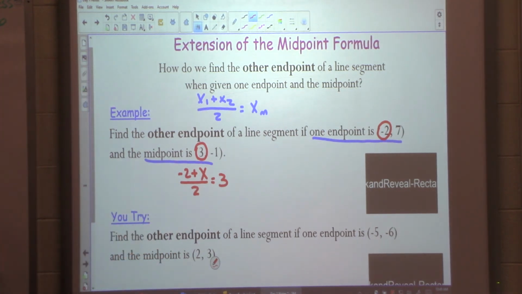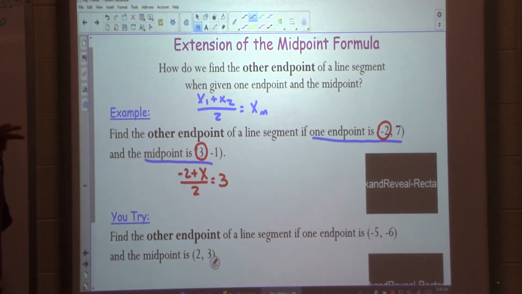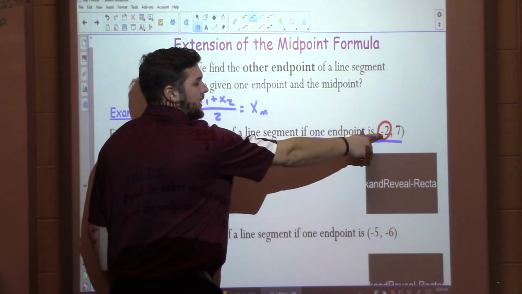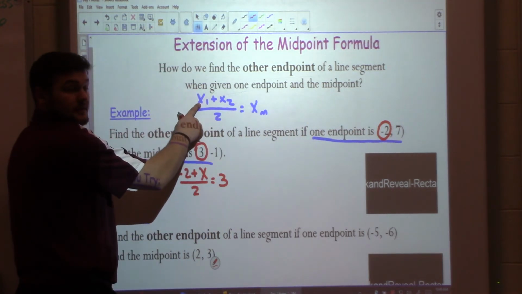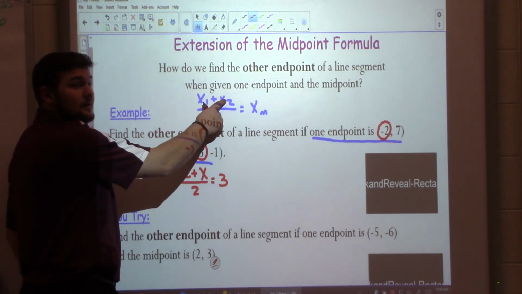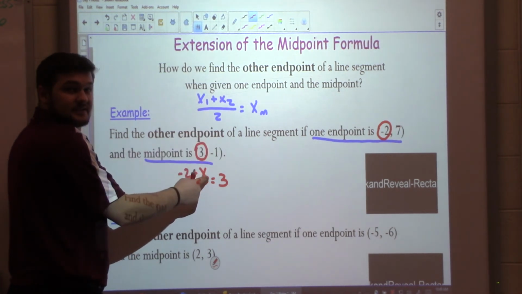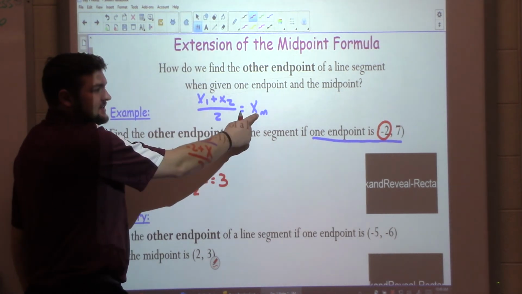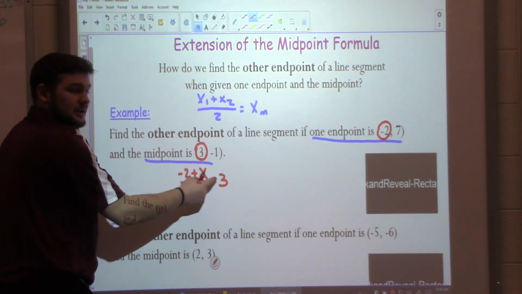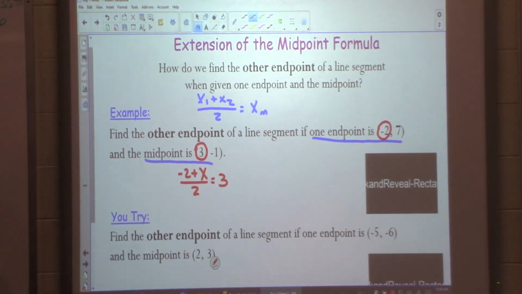Does that make sense, how I plugged those in? I plugged in my x from my one endpoint into x1. My x2, I don't have a second endpoint, so it stays as x. And then the x at my midpoint is 3.